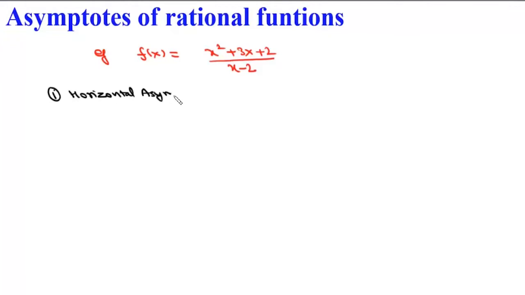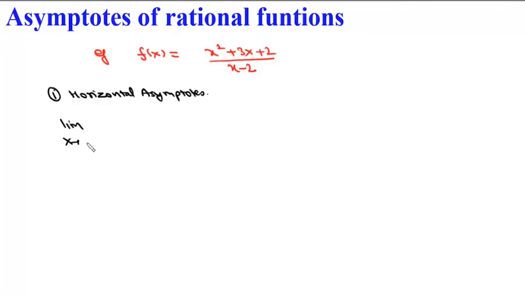Say for example, we are given this function f(x), which is (x square plus 3x plus 2) upon (x minus 2), and for this rational function we wish to find out its vertical and horizontal asymptotes. Now for horizontal asymptotes, we'll calculate these limits.